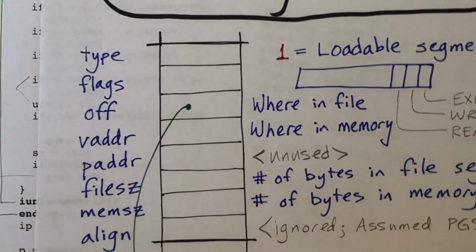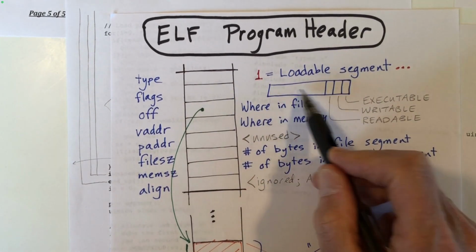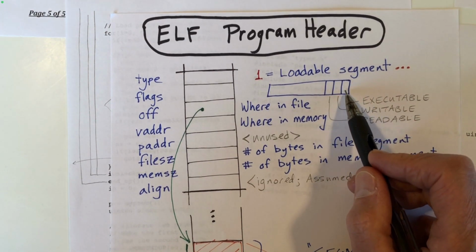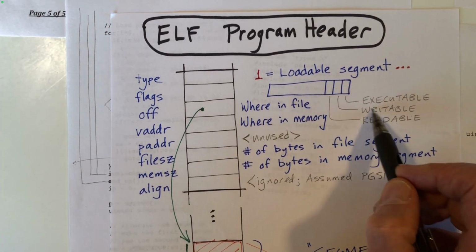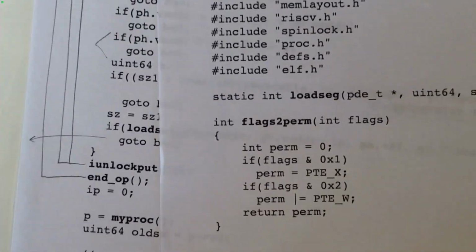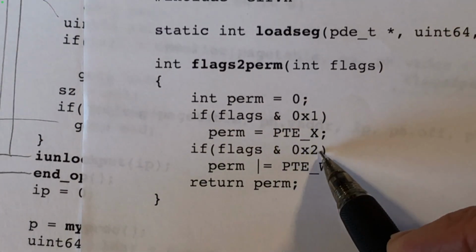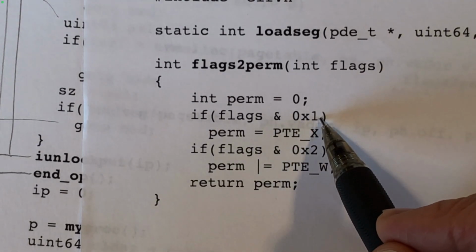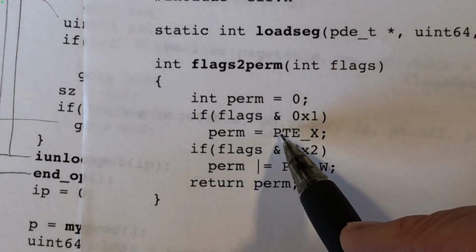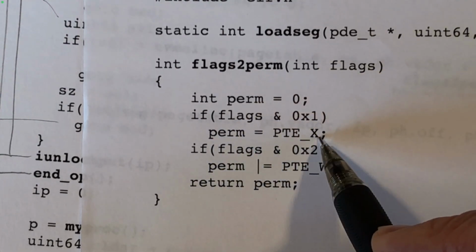Remember that in the program header, we have a flags word, and that flags word contains some bits, and the first bit is the executable, and the second bit is writable. So flags to perm is going to take such a word, and it's going to look at the rightmost bit and the second bit, and if the executable bit is set, then it will build a permissions where the page table entry bit for executable is set.